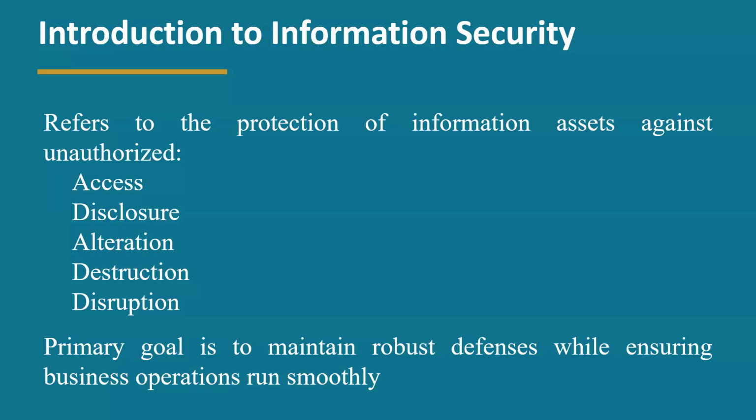Okay. All right. So now we look at information security. Information security is the protection of information assets. So you have to know what information assets are. And these information assets are affected when you are denied access to your own information, when somebody discloses your information without your consent, when somebody alters your information without your consent, and also when somebody destroys or disrupts your information.